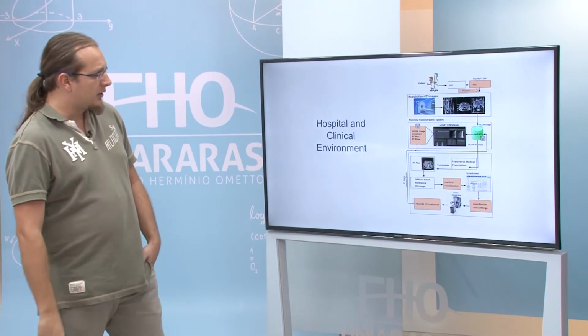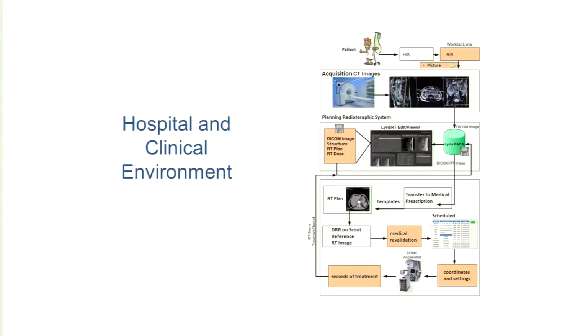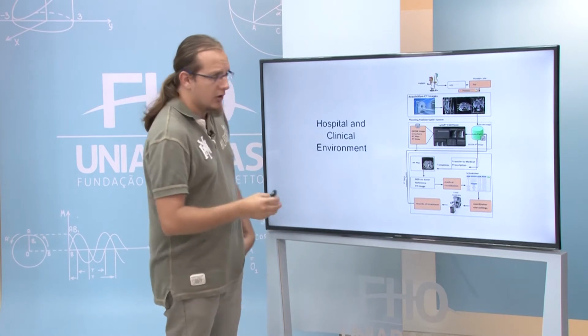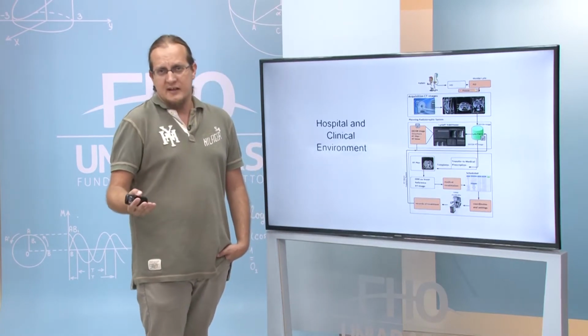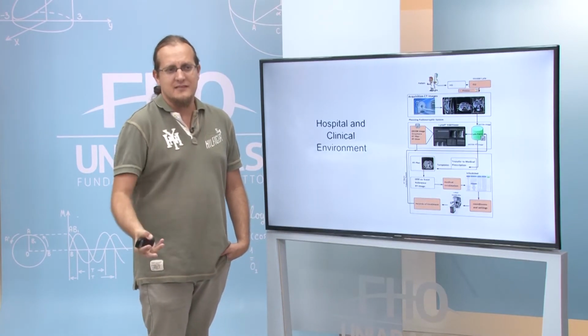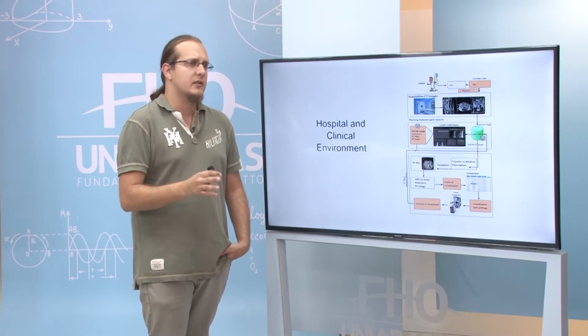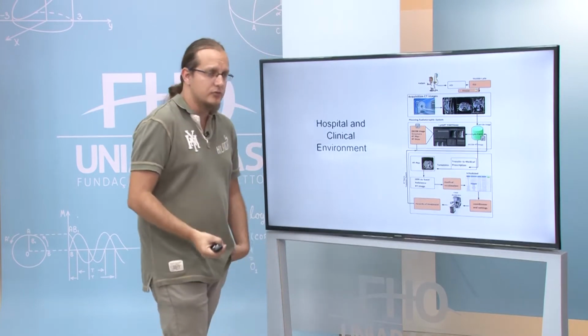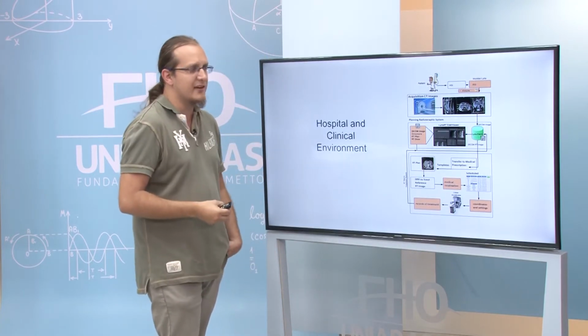Well, the hospital and clinical environment use 3 main software systems. The first software is the hospital information system, an administration management system, the first system of the hospital. The second system, important to this workflow, is the RIS.